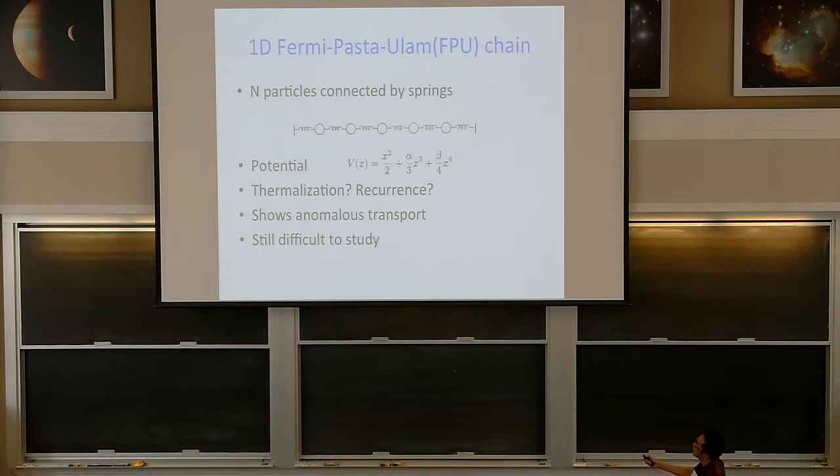So this seems to show that some recurrence is there for this system. This was just a numerical simulation, and they couldn't really understand it. They couldn't give a nice explanation. In fact, it's still not so clear how we should understand the long-time behavior of this system, even though it is one-dimensional and the potential is very simple.